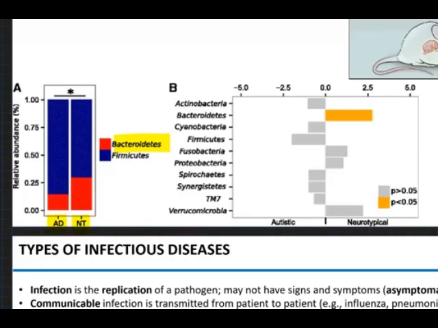Am I saying that the typical American diet causes autism? I do not. Well, do you know one of my favorite correlations? If you plot the consumption of ice cream versus deaths caused by drowning in pools, it's perfect.